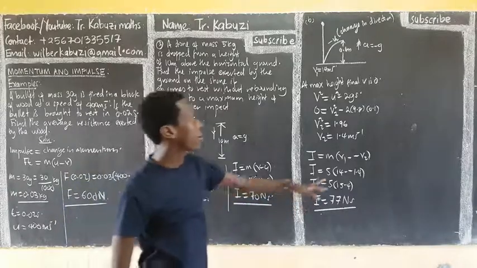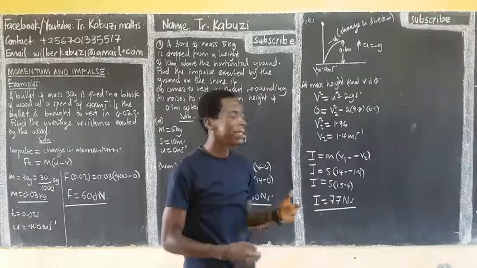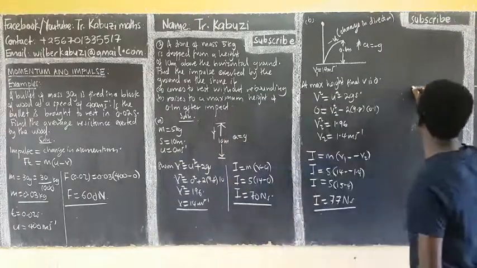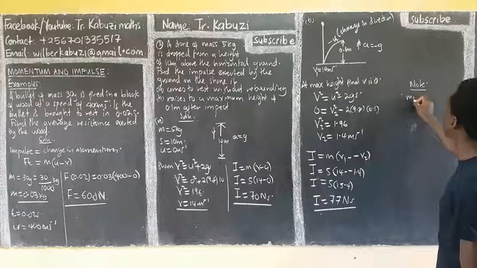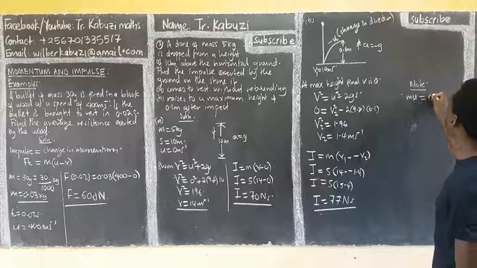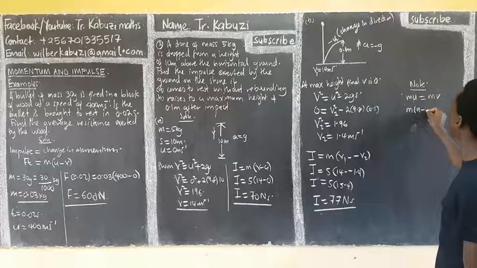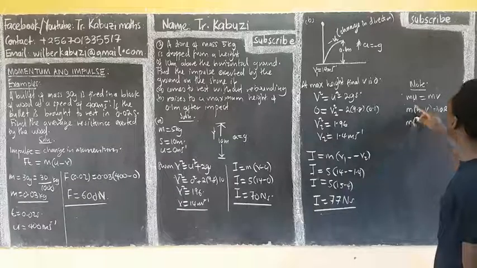Here I started with V1 because it was bigger, not negative. So the change in momentum can be, you remember this formula when we have M1, or when we have MU equaling MV, you can get this as U minus V equaling 0, or can have it as M when you take them aside.